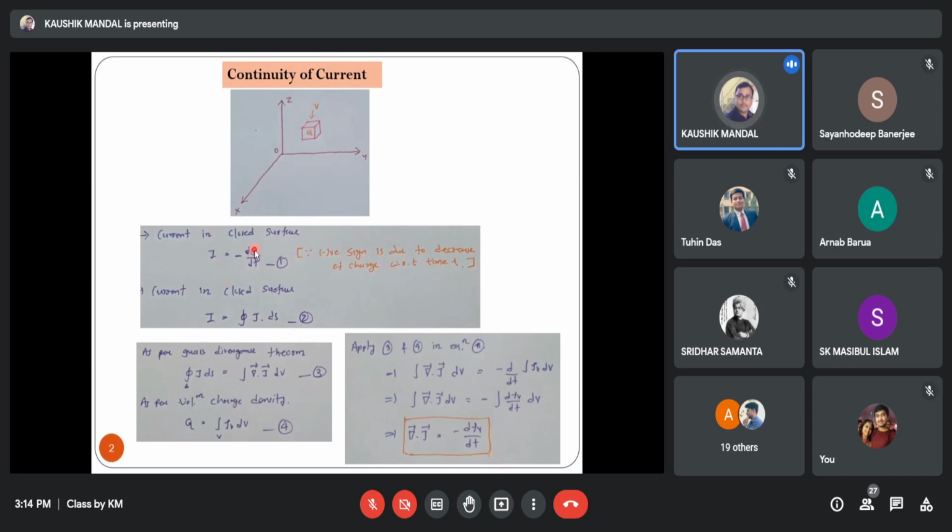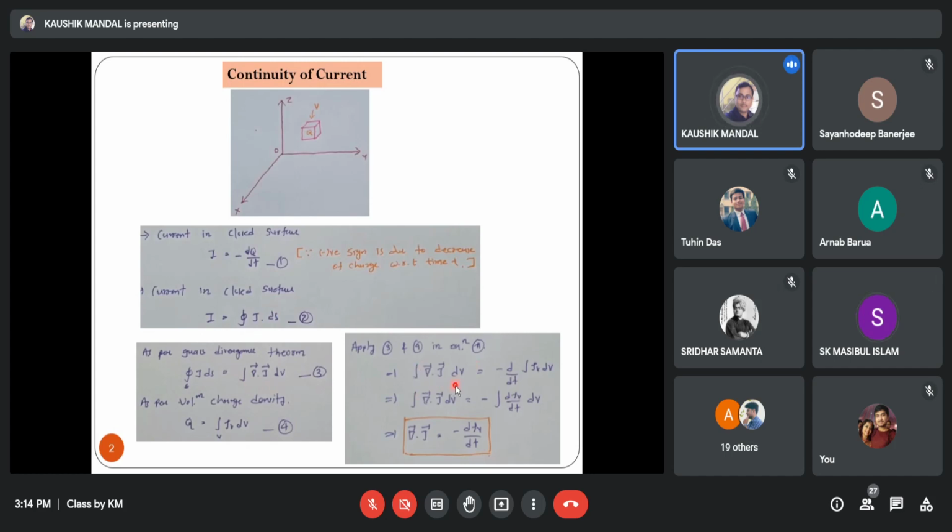I equal to minus dq dt. I equal to J dot ds. Now Q is replaced by the integration of rho v dv, and for J we apply the divergence theorem. From the divergence theorem we get J dot ds equal to divergence of J dv.